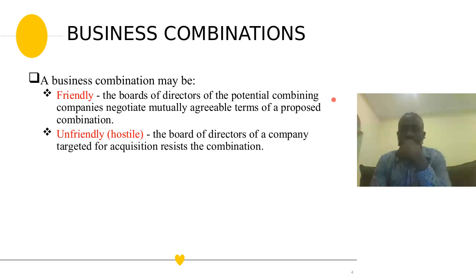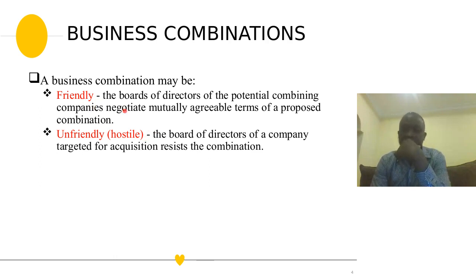Now, a business combination may happen in two forms. We have the friendly combination, and we also have the unfriendly, which is also referred to as the hostile combination.